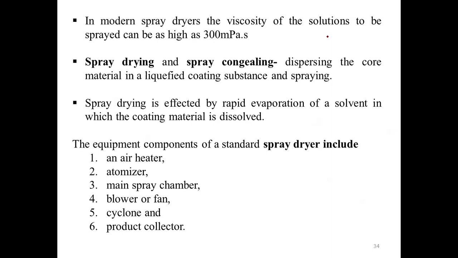Spray drying is effected by the rapid evaporation of the solvent in which the coating material is dissolved. The equipment components of the standard spray dryer include first an air heater that will supply the air, atomizers, then the main spray chamber where the spraying is carried out, then the blower or fans, cyclone and the product collectors.